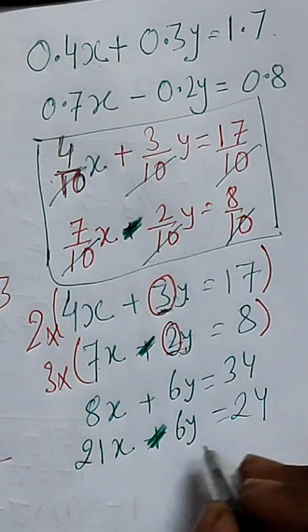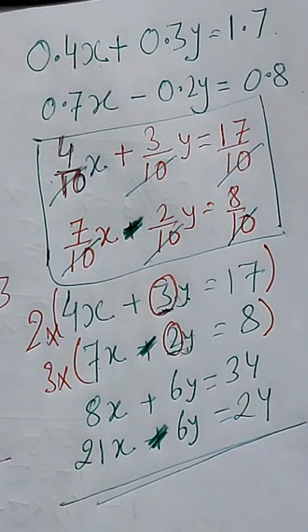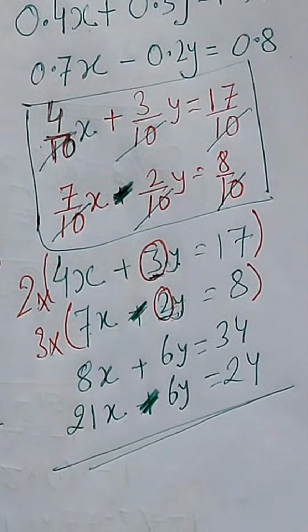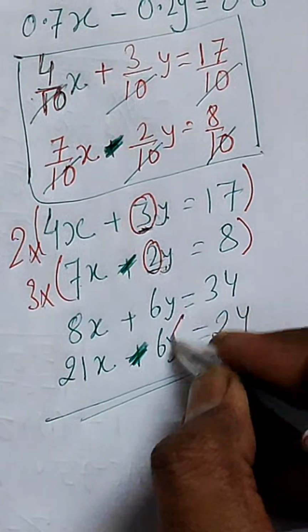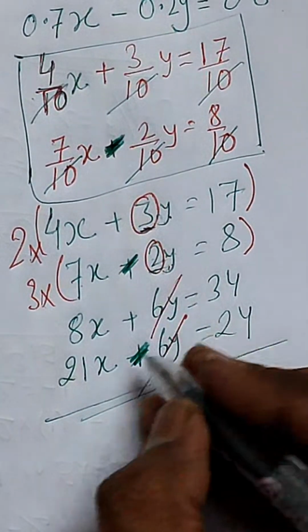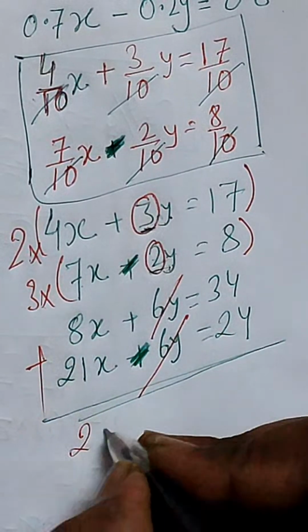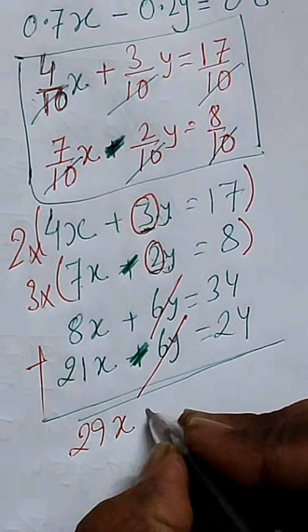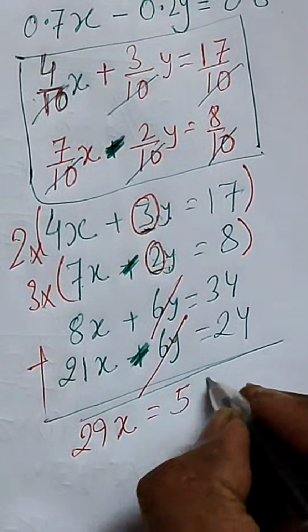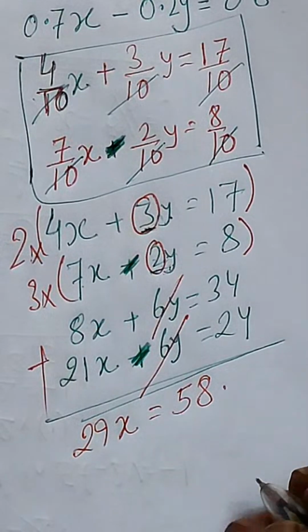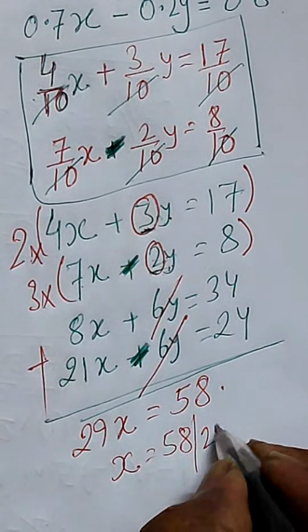Now just add both the equations. The 6y and minus 6y will be cancelled out. Then we get 29x is equal to 34 plus 24, that is 58. This gives x as 58 by 29.